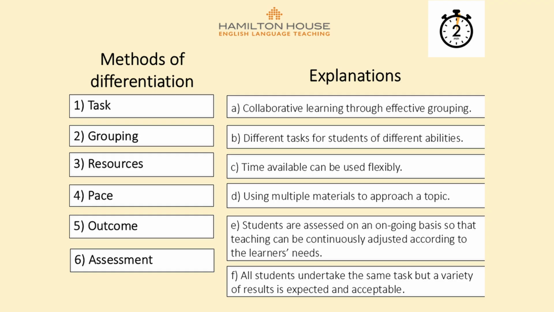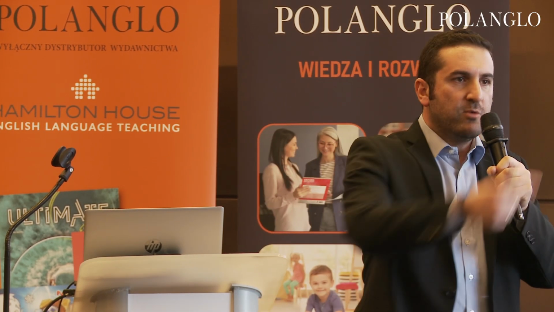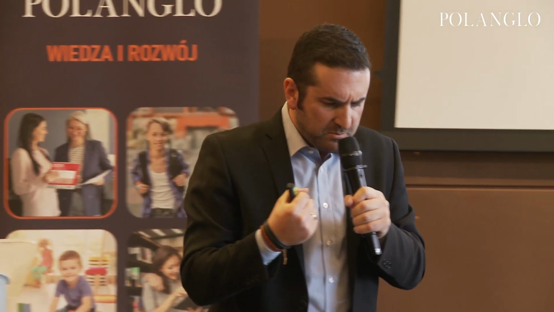F, thank you. All students undertake the same task, but a variety of results is expected and acceptable. And so the last one, differentiation by assessment. Students are assessed on an ongoing basis so that teaching can be continuously adjusted according to their needs. And we're going to look at some examples.